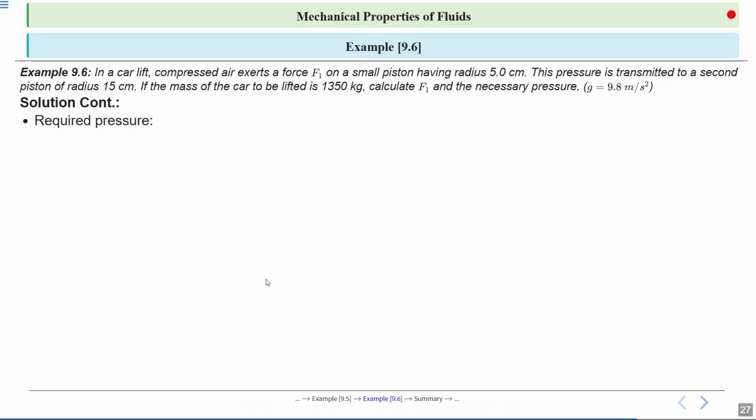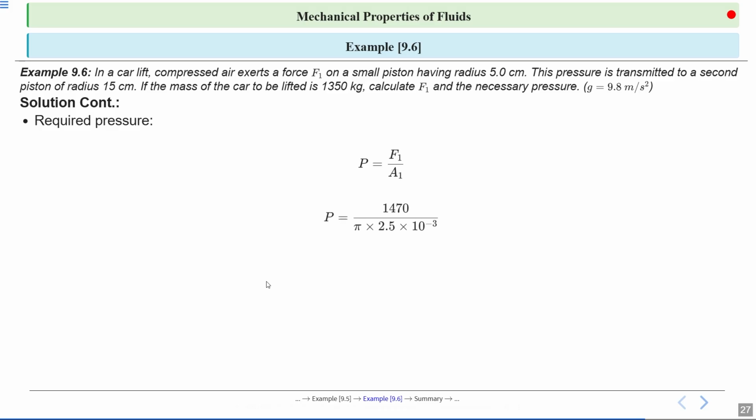now let's focus on the required pressure for this system. We use the formula for pressure, which is P equal to F1 divided by A1. Here P represents pressure, F1 is the force exerted by the small piston, and A1 is the area of this small piston. This equation shows us how pressure is directly proportional to force and inversely proportional to area.